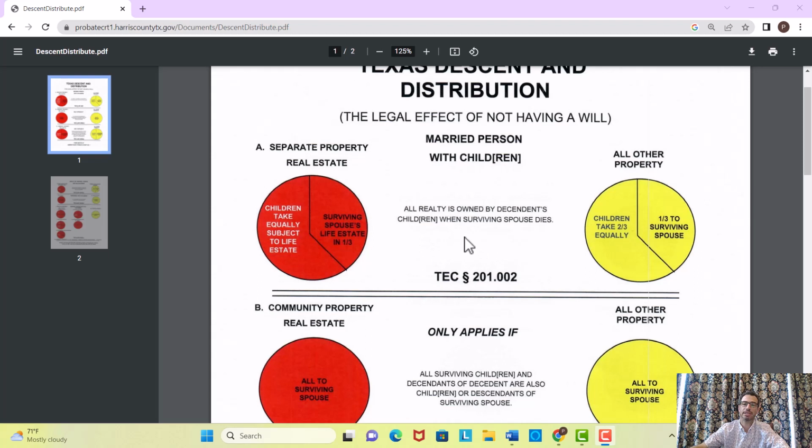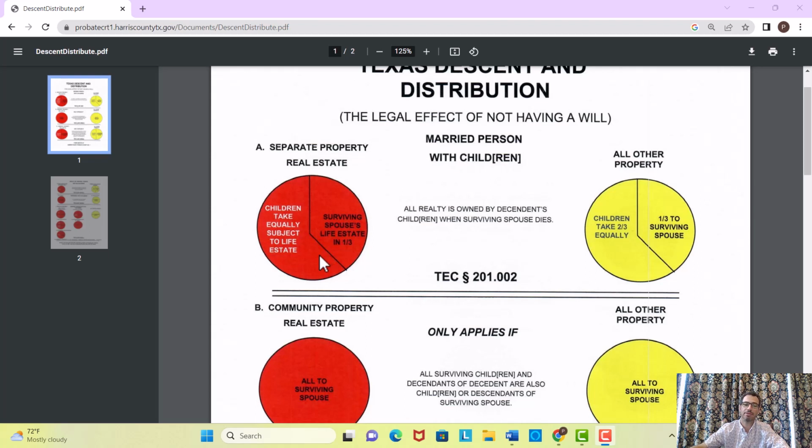For spouses that die with separate property, the real estate section is over here on the left in red, and all other property is over here in yellow. So for real estate, separate property, married person with children, the children are going to get the remainder interest, the good stuff.